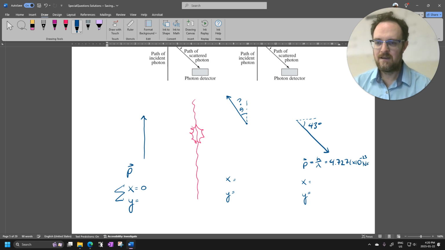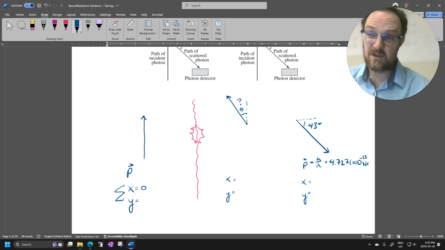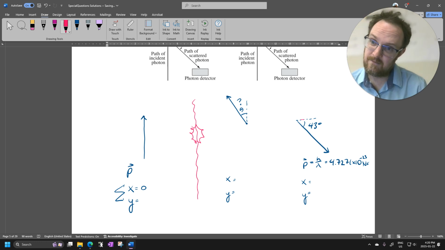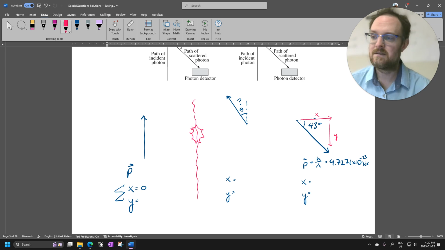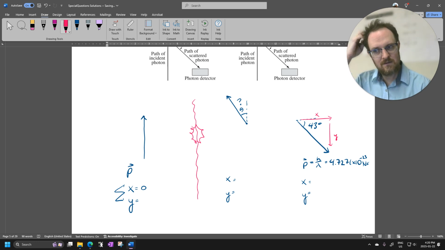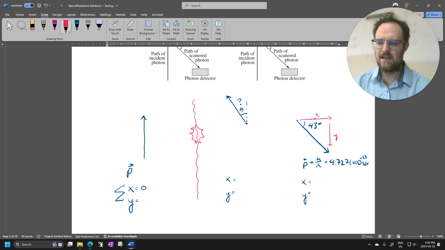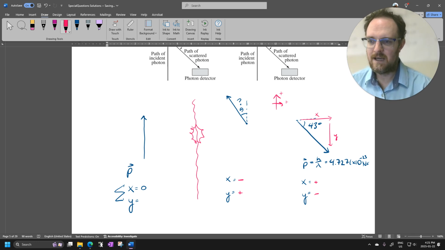Okay. And then I'm going to use trigonometry to figure out the x and the y components of this. I kind of like how the y is in the opposite direction here. So I should put a sign convention here too. Positive, positive. This y is going to be negative. This x is going to be positive. This x looks like it's negative, and this y is going to be positive, but that's a totally different story. This should just work itself out here.